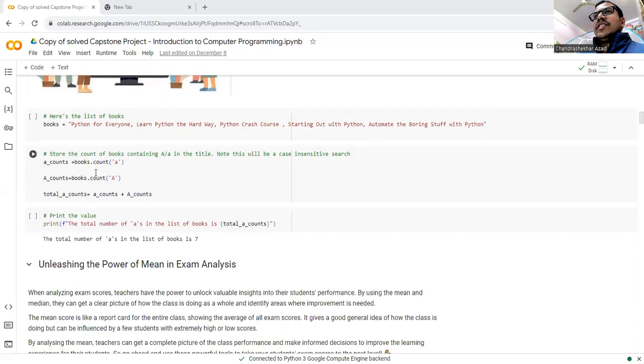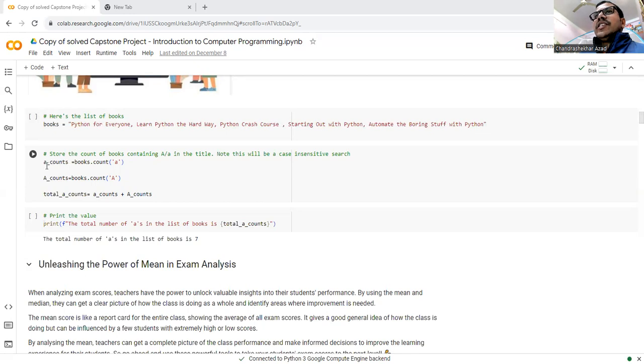So here we are using the dot count method to count the letter A in this string. Here this is the string. We have used the dot count method to count the capital A letter and small a letter.